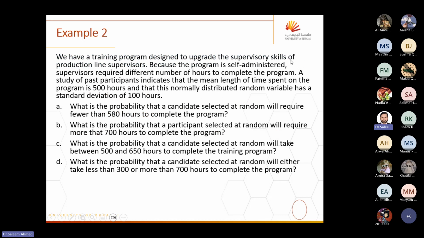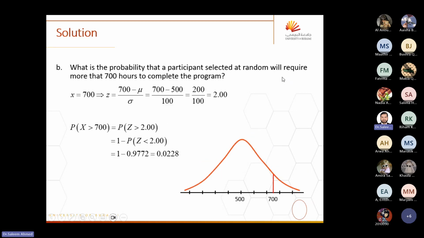So this is another example, which is a solved example. The mean value is given, you can go through that.